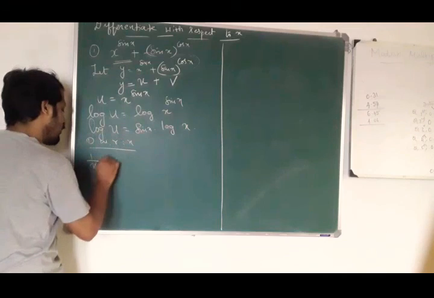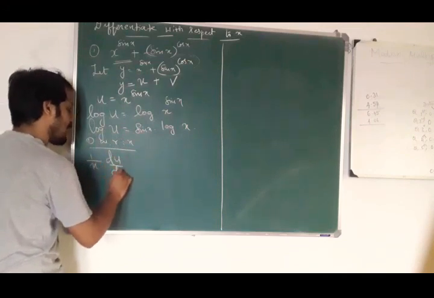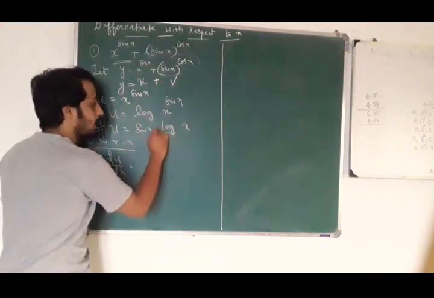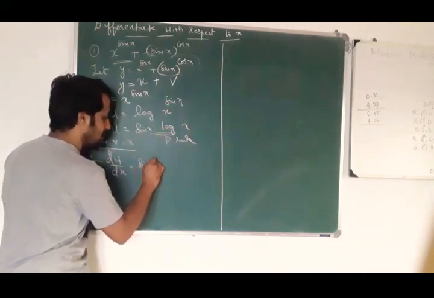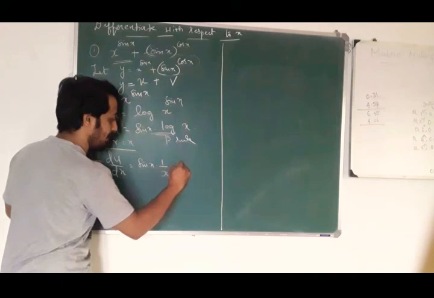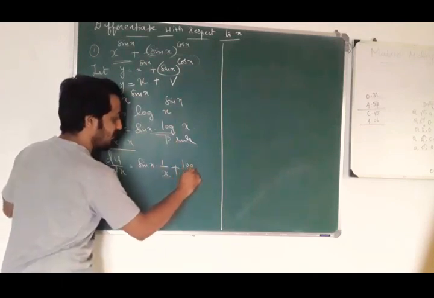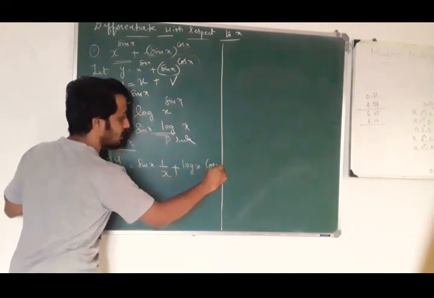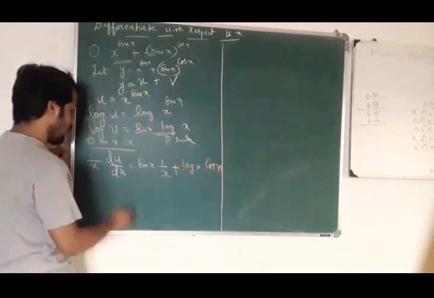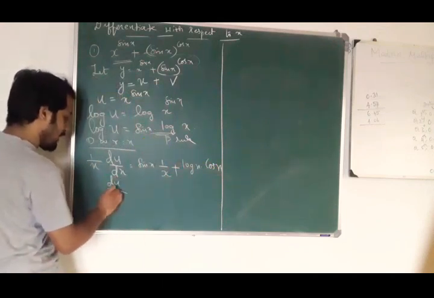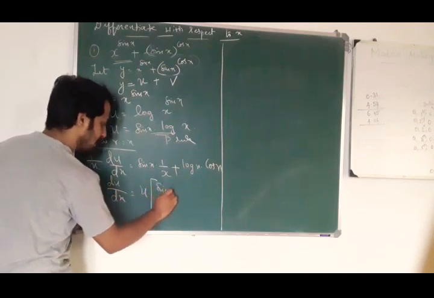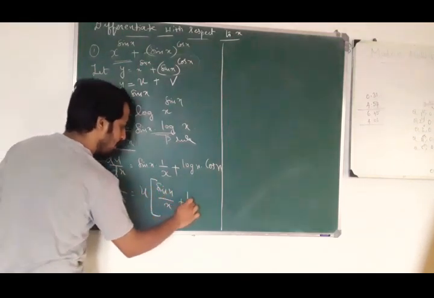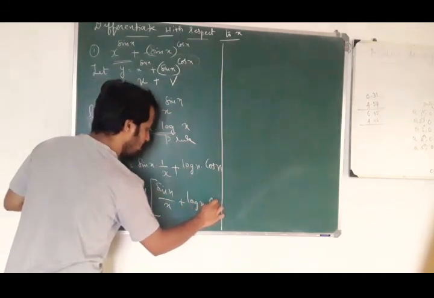So 1 by u du by dx is equal to, product rule: first function into derivative of the second function plus second function into derivative of the first function. Therefore, du by dx is equal to u into sin x divided by x plus log x into cos x.